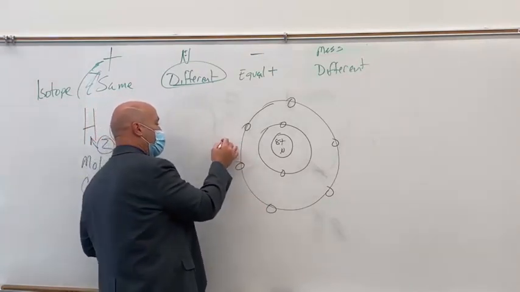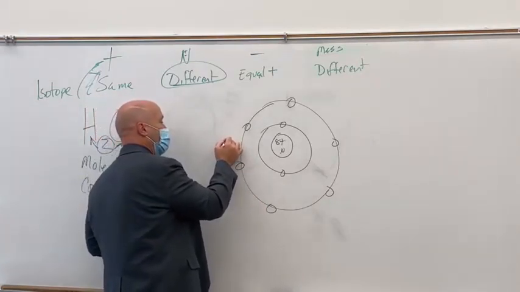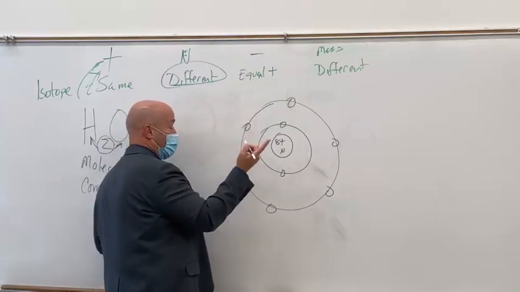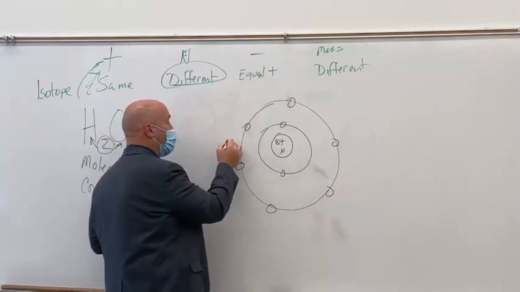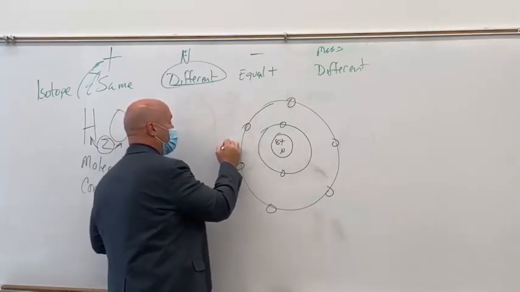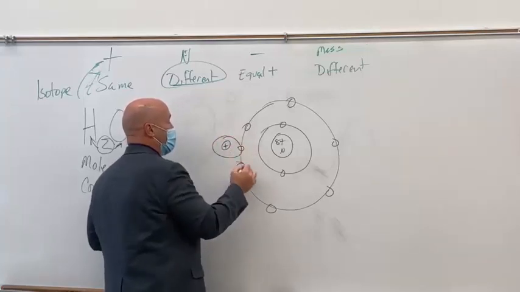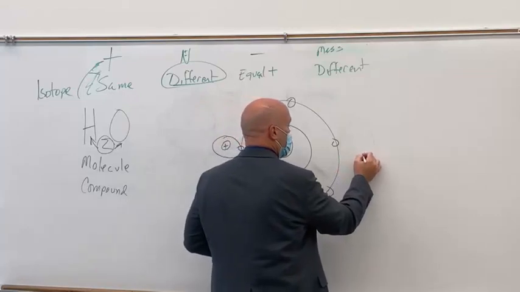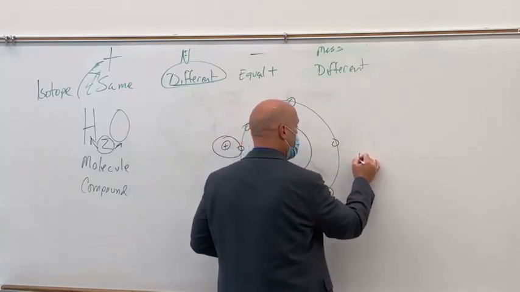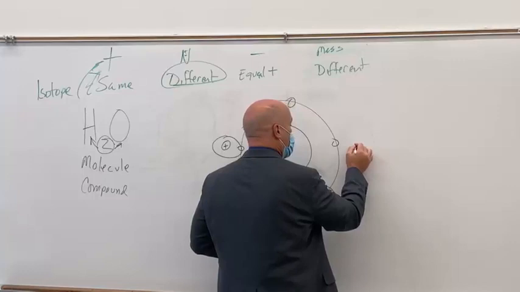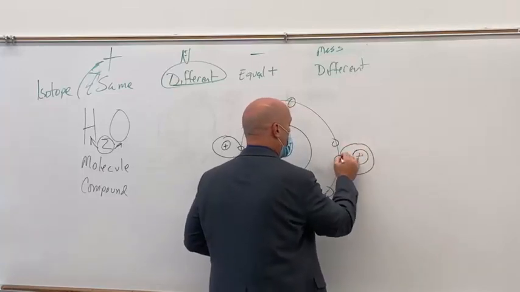Now along comes hydrogen. Hydrogen has how many in the outer shell? It only has 1 shell, right? So it's got 1 proton, which means it's got 1 electron. And if we have another hydrogen over here, it's got 1 proton, so it's got 1 electron.